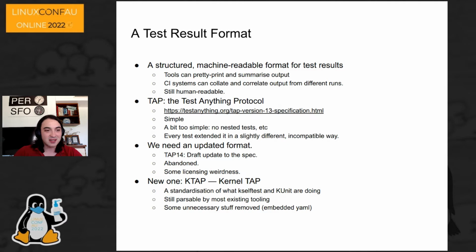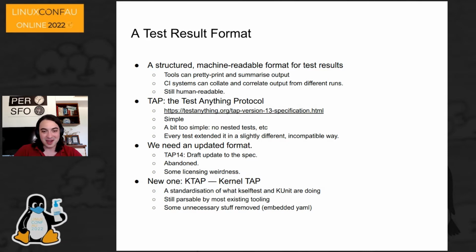It's basically a small header with the TAP version, a count of how many tests, and then a bunch of lines saying OK, test 1, test name, not OK, test 2, just OK or not OK for each test, with a couple of slightly more interesting things for a few other cases.